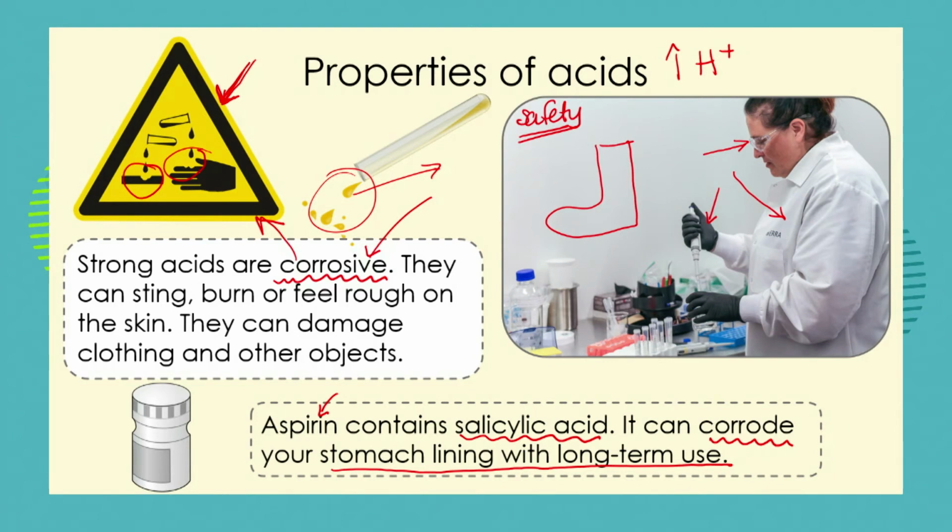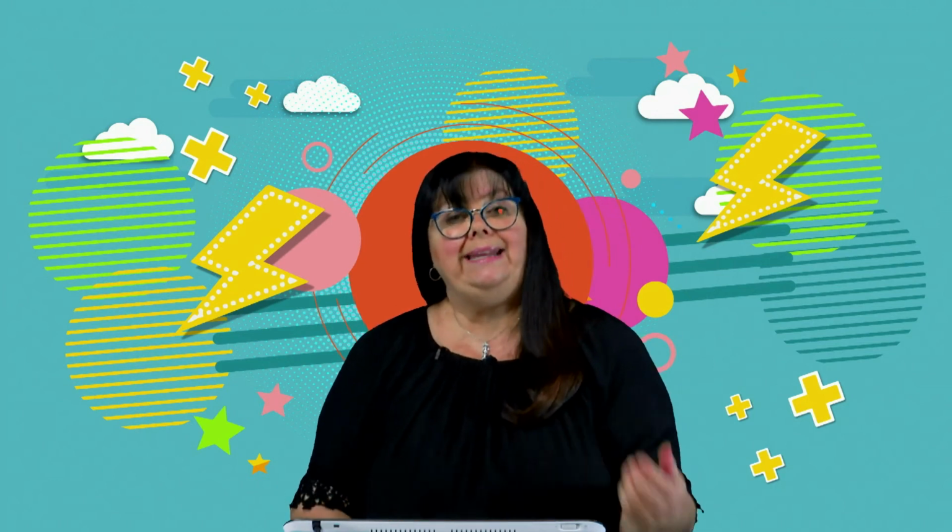So you may have seen on the instructions on certain medications that contain acids that you shouldn't have the medication on an empty stomach. You should take it with food. And that means that your stomach lining is not exposed to the acids because it can corrode your stomach lining and it can even produce instances of ulcers and damage to your stomach lining.